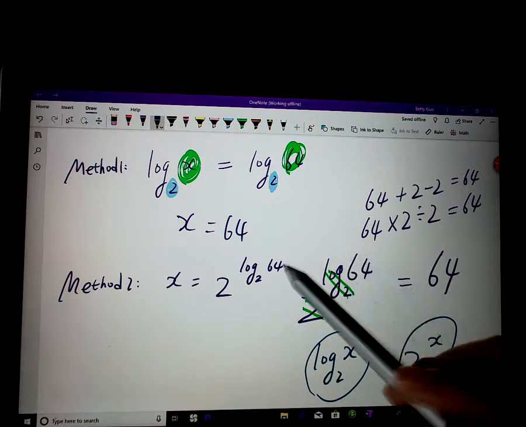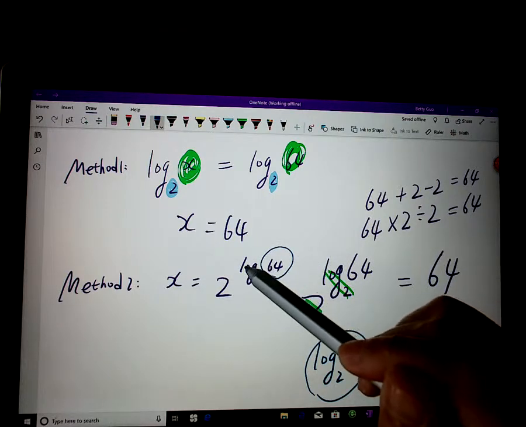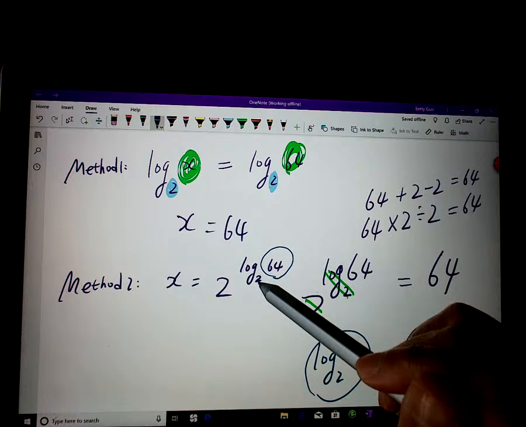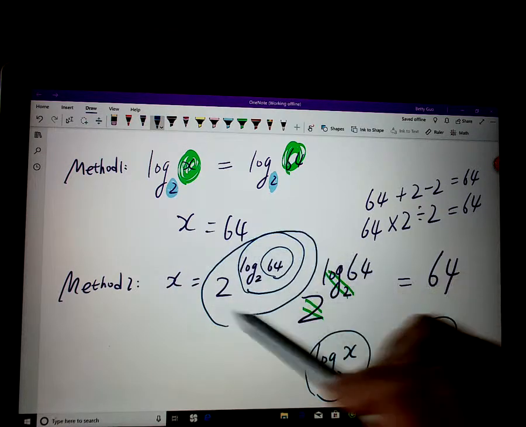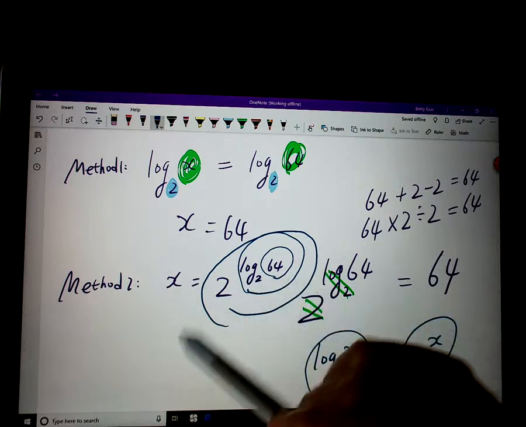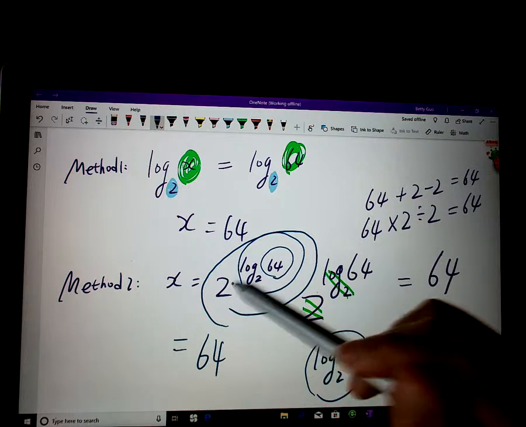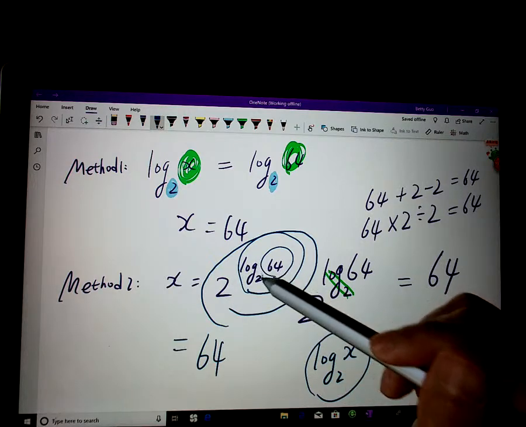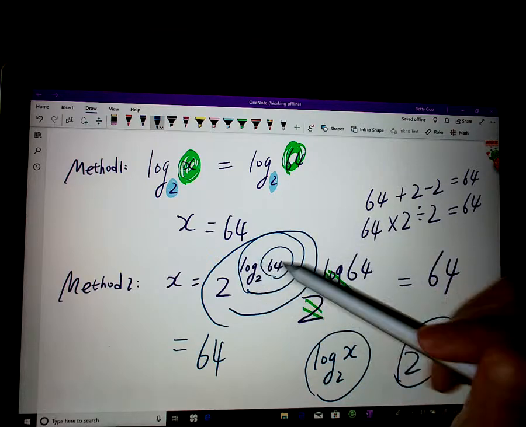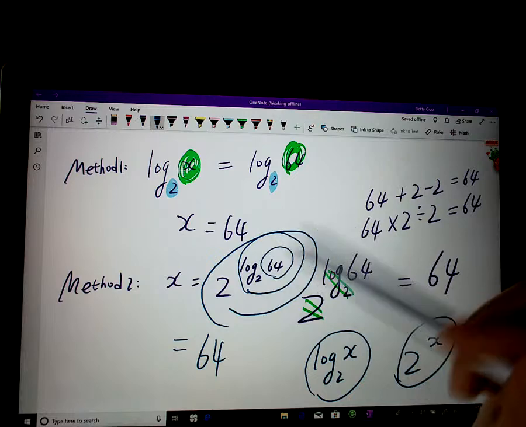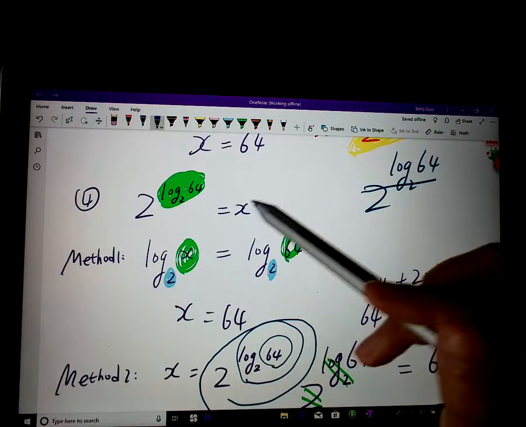So if in the beginning we have 64, and then we apply the logarithmic function with base 2, and then we apply the exponential function with base 2, we will go back to 64 because the exponential function with base 2 reverses the logarithmic function with base 2. Try to understand that. With that understanding, solving this equation would be a lot easier.